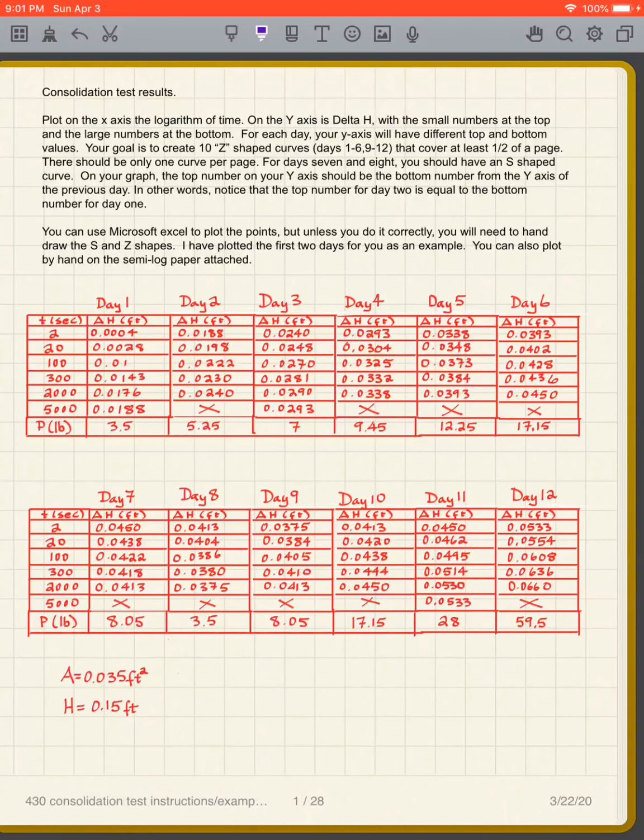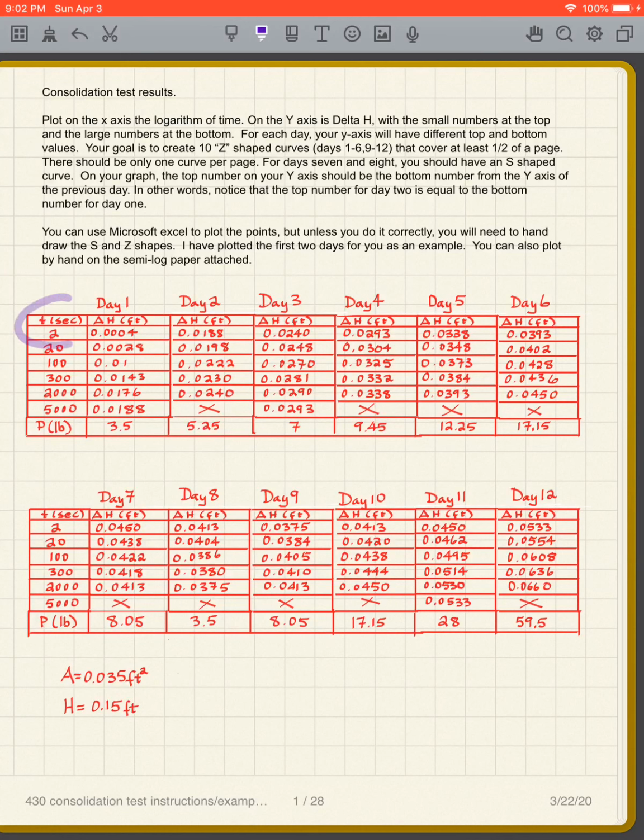Now, the measurements that you make in a consolidation test are basically simply time and a dial reading which measures the change in height of your sample. So basically time and change of height.